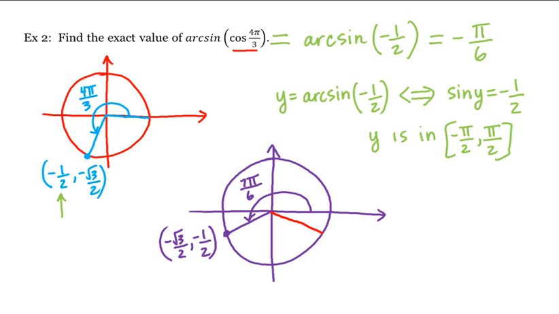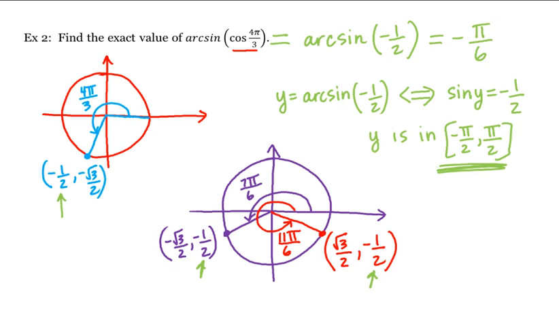But also the terminal side of this angle here, 11 pi divided by 6, intersects the unit circle at square root of 3 over 2, negative 1/2. Which means the sine of both of these angles is equal to negative 1/2. Because remember that the sine is the y-coordinate of these points here.